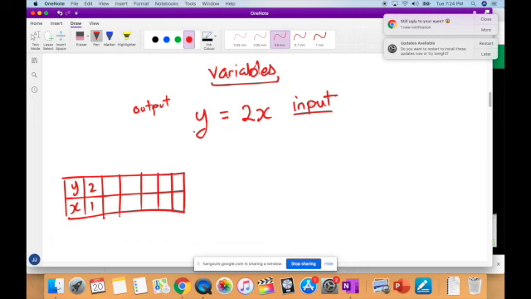So Y, the output, is usually the subject of the formula. So X is the input, and when you input a value into X, you will get an output that is Y. Y is the output. Does everybody understand this input-output concept?